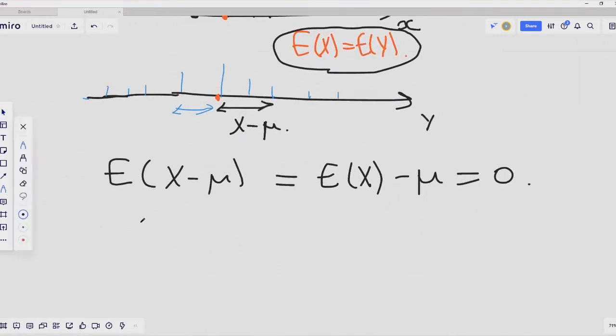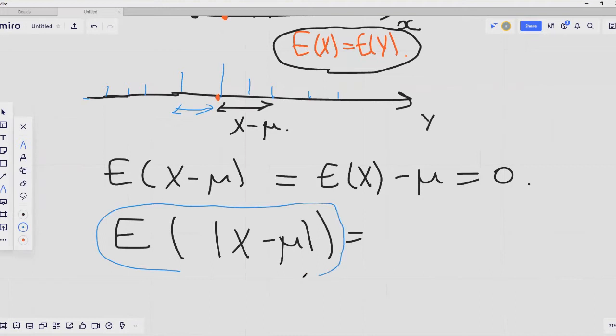The second approach would be to take the expected value of the absolute value of that difference. In some cases, we can work with this measure of spread, and sometimes it is used.